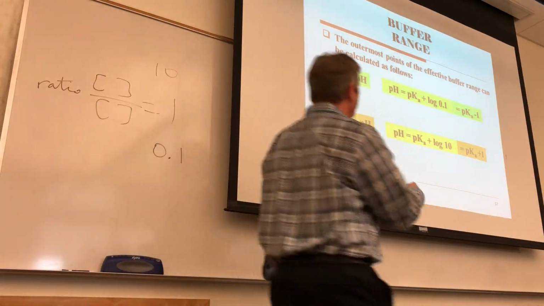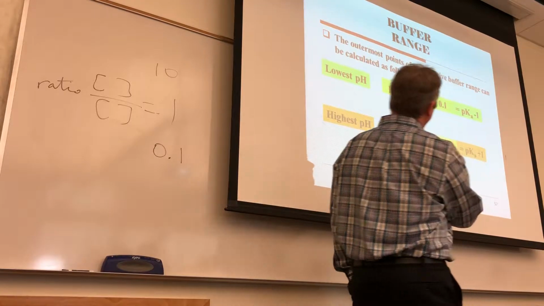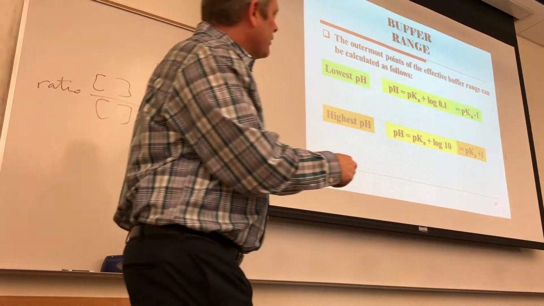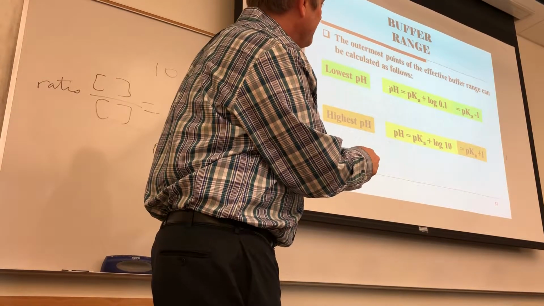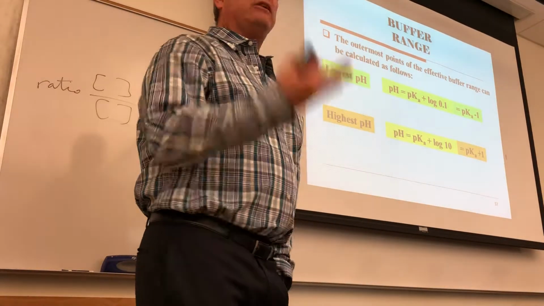So if I wanted a pH of 5, then I would want a pKa of 5, and the range would give me 4 to 6 in terms of the pH range.